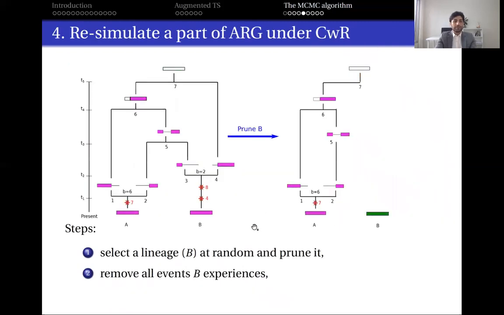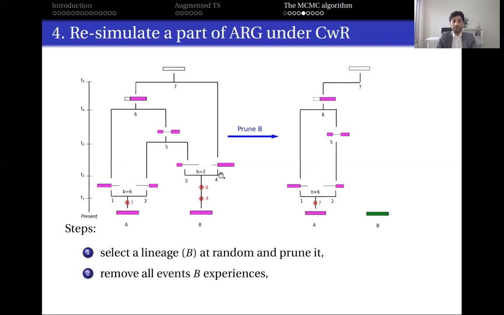The fourth transition type is to resimulate a part of the ARG under the coalescent with recombination. So here we allow the pruned lineage to experience recombination. First, we randomly choose a branch on the ARG. Branch B is chosen, and then remove all the events that this branch experienced from its time to the root, to the GMRCA.